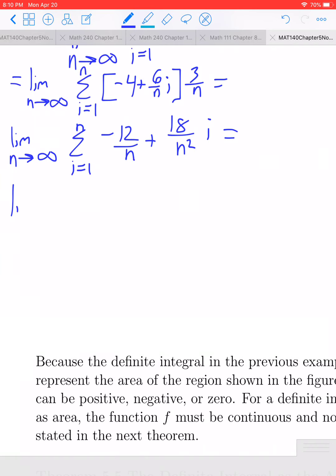This is equal to the limit. We can split this up into two sums. The limit as n approaches infinity. We have the sum from i equals 1 to n of this thing here, which is just a constant with respect to i.